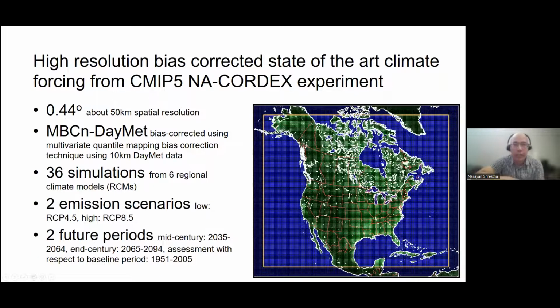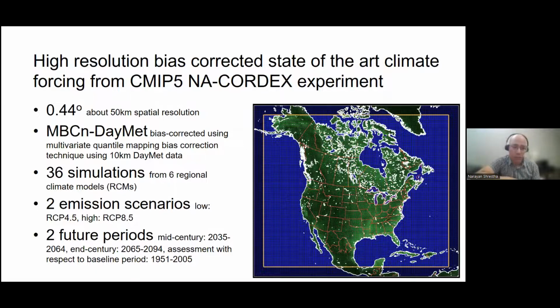So the future data that we use for this study comes from the CMIP5 NA-CORDEX experiment. The resolution that we use is 0.44 degree, which turns out to be about 50 kilometers horizontally. The data has been bias corrected using the multivariate quantile mapping bias correction technique of Cannon.